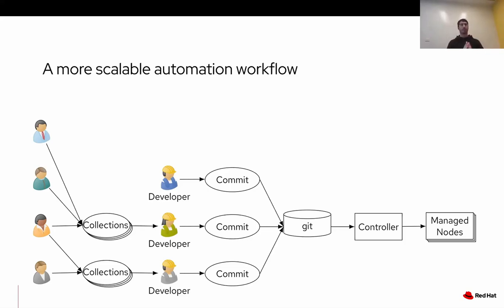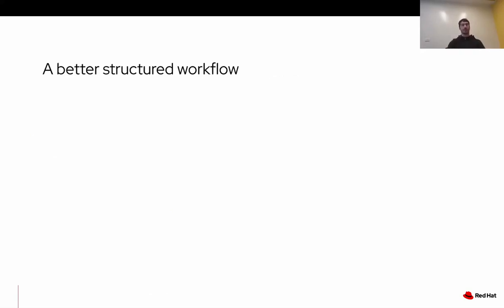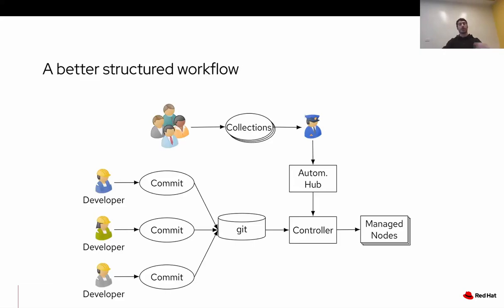Now, the good thing though is that we have a well-known pattern to fix this issue, and it works by adding an automation hub. And automation hub, same thing as the controller. There is the open source version, community version, as well as the enterprise version. And then you can import those collections into the automation hub, and then they are used in the controller.